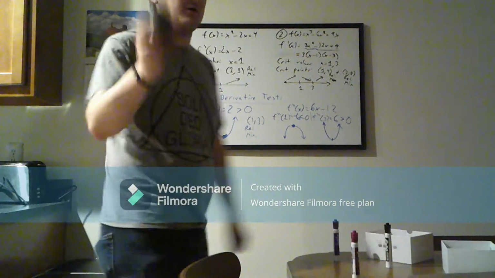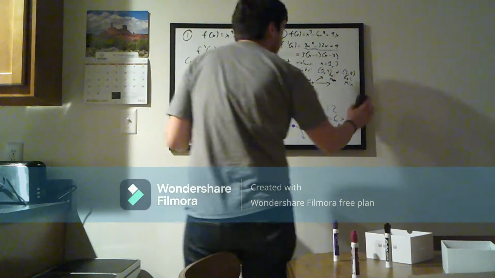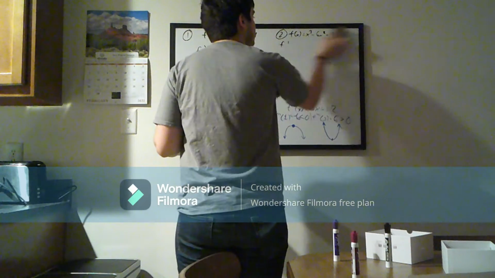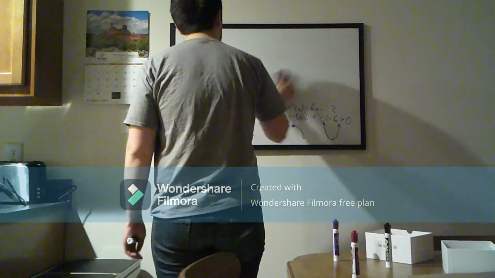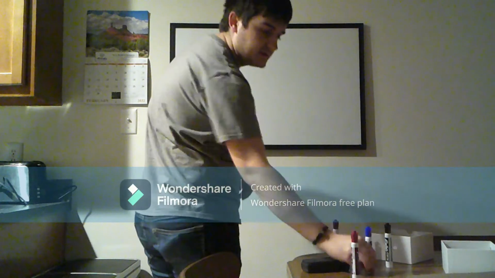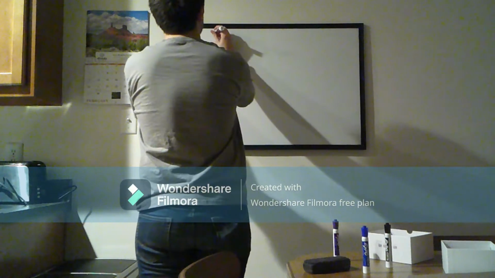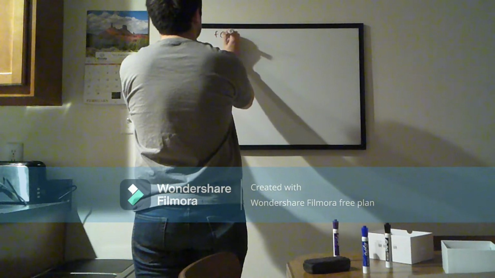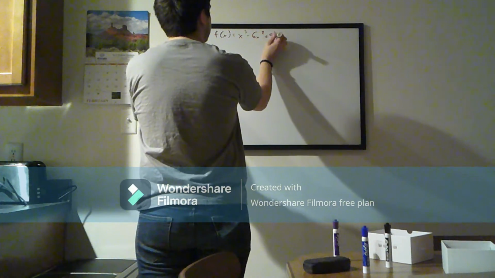Now, that's not all the second derivative can do for us, right? So I'm going to focus in a little more on the cubic example we had. So f of x equals x cubed minus 6x squared plus 9x.